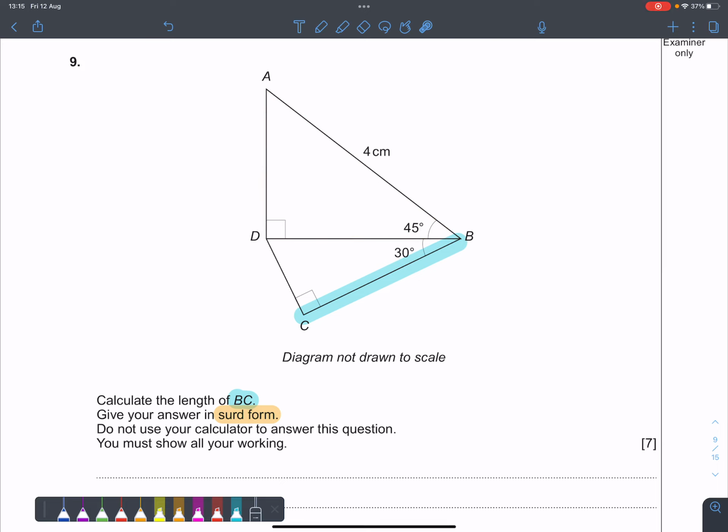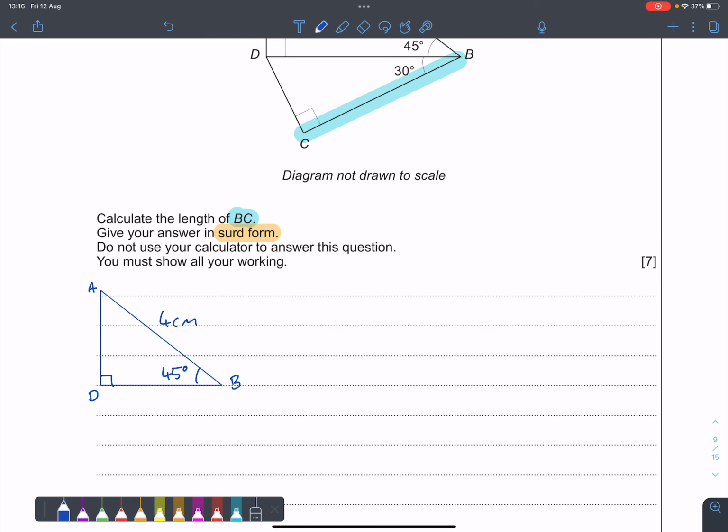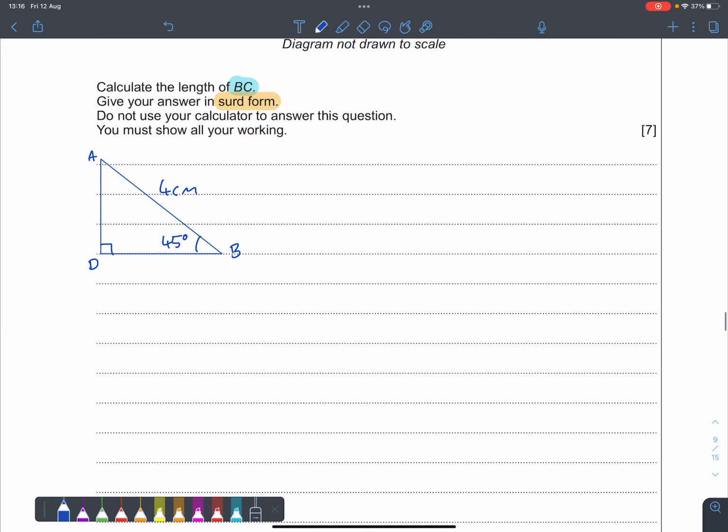So the first thing I'm going to do is quickly sketch the diagram. Okay, so here is my diagram, and I am going to be trying to work out the length of BD, this one down here. If I label my triangle as if this is a trigonometry question, I draw an arrow that points to the hypotenuse, this one down here is the adjacent and this one's the opposite.